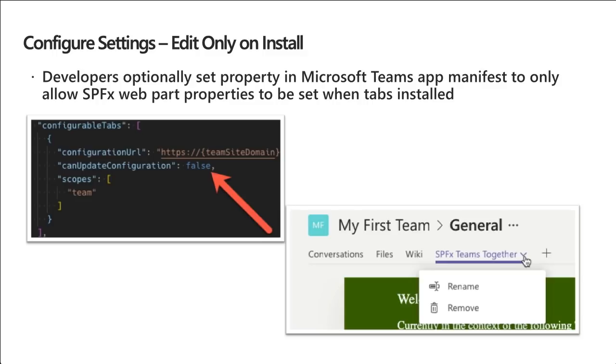And so what I can do is go into the manifest file for our custom Microsoft Teams tab, and I can change one of the properties, canUpdateConfiguration. I can change this from true to false. By default, it's going to be set to true, but you can change it to false if you want.